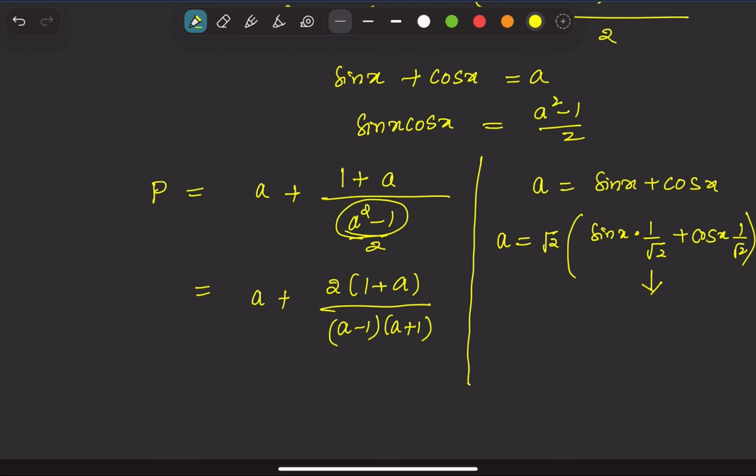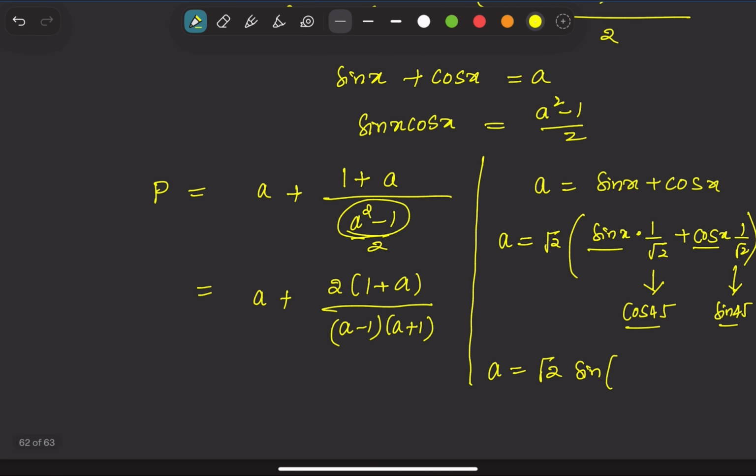So this is cos 45 and this is sin 45. So it is in the form of sin A cos B plus cos A sin B, which is sin of A plus B. Alright, sin of x plus pi upon 4. So this is your a.